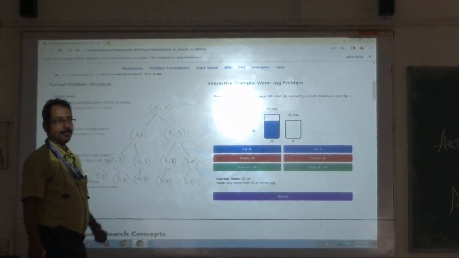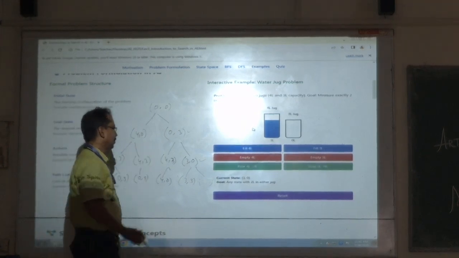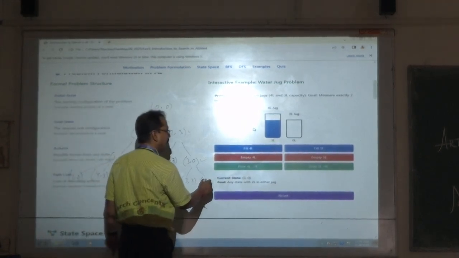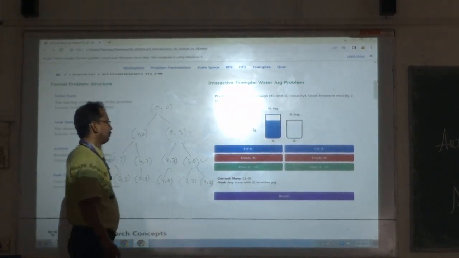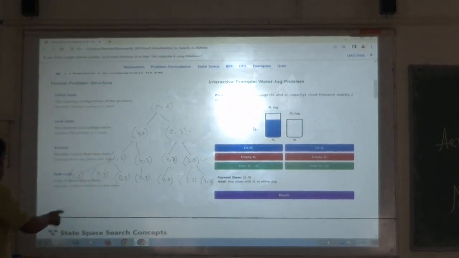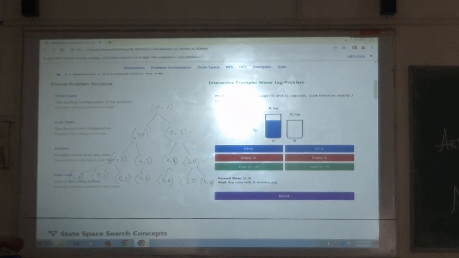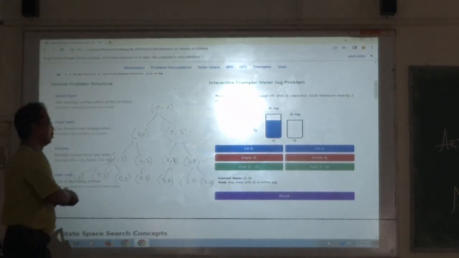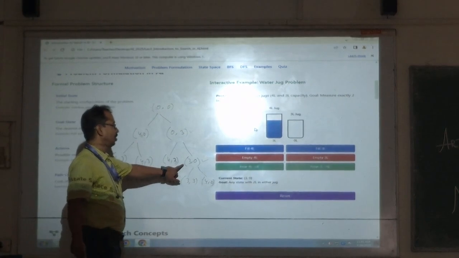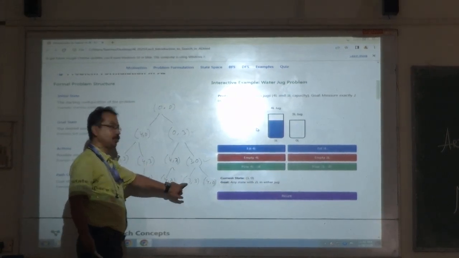If 4, 0 means, okay, 4, 0 you can give. Anything else? So now here what you are doing? You are again filling the 3-liter jug, isn't it? So 30 from 3, where is 30? So 30 you can do, 3, this one.